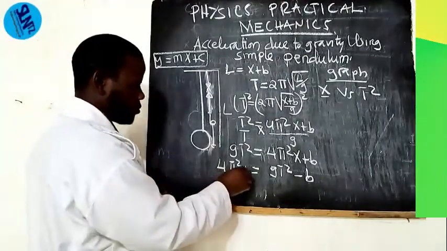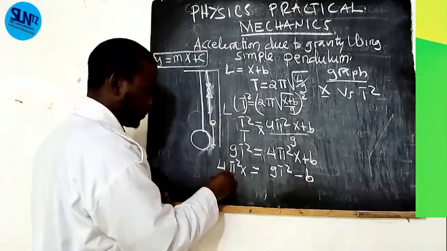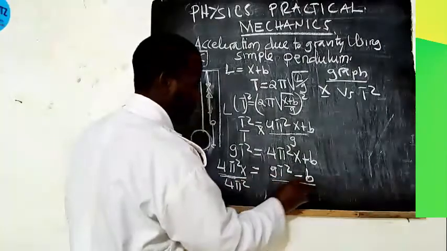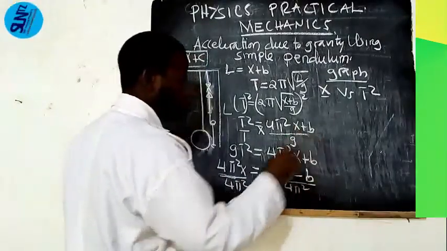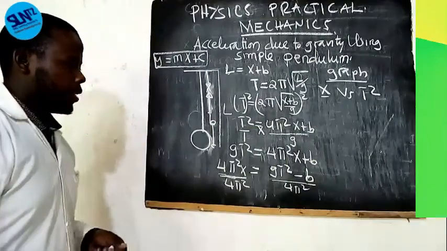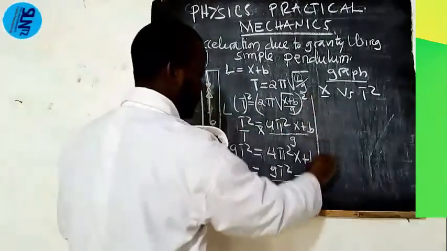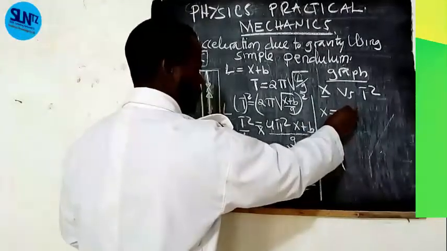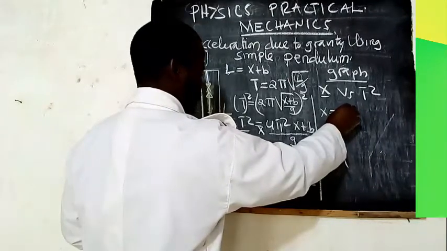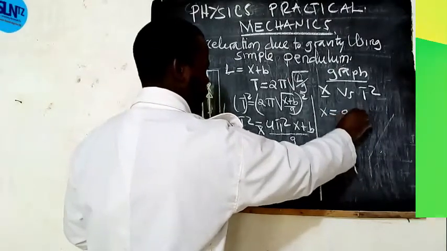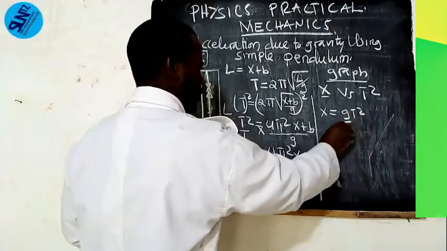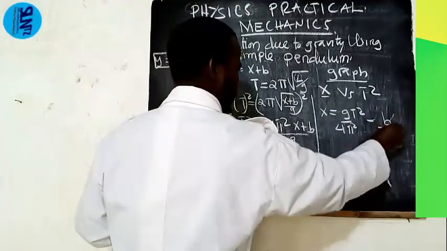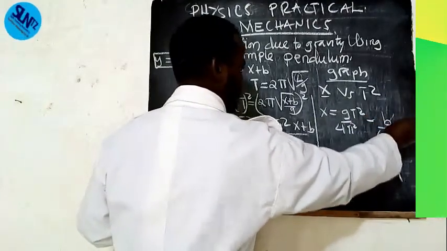So then, in order to remain with x, we divide by 4 pi squared and then 4 pi squared. So the equation will be x is equal to g t squared over 4 pi squared minus b over 4 pi squared.